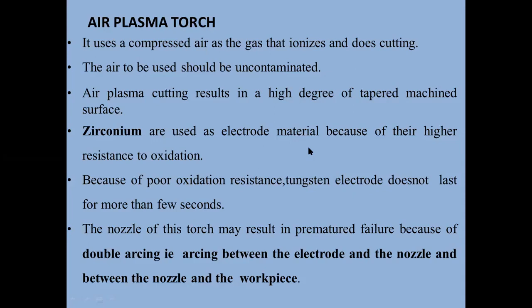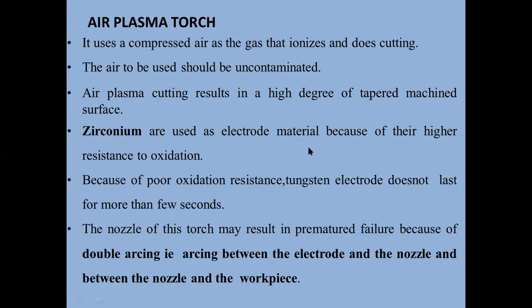In an air plasma torch, zirconium is used as the electrode material instead of tungsten because of its higher resistance to oxidation. We are using air, and tungsten generally has a high affinity towards oxidation. Compared to tungsten, zirconium has less affinity, that is, high resistance to oxidation.